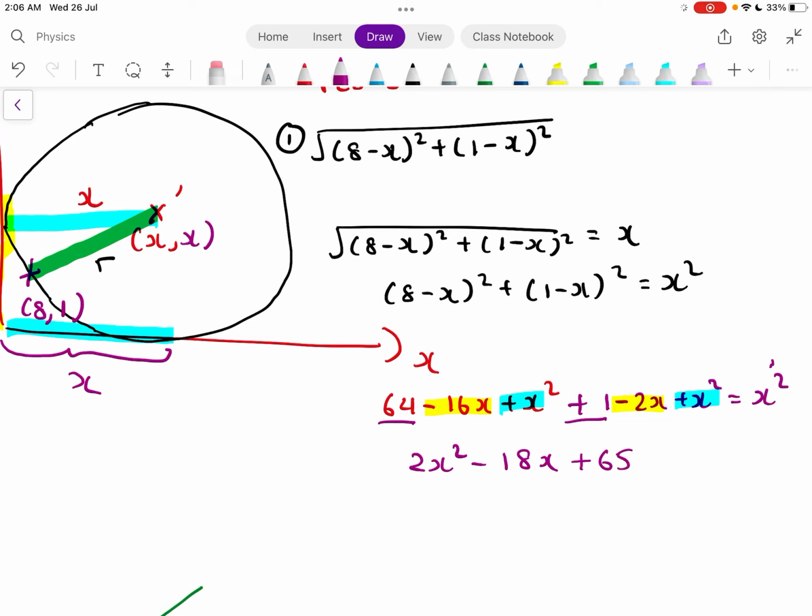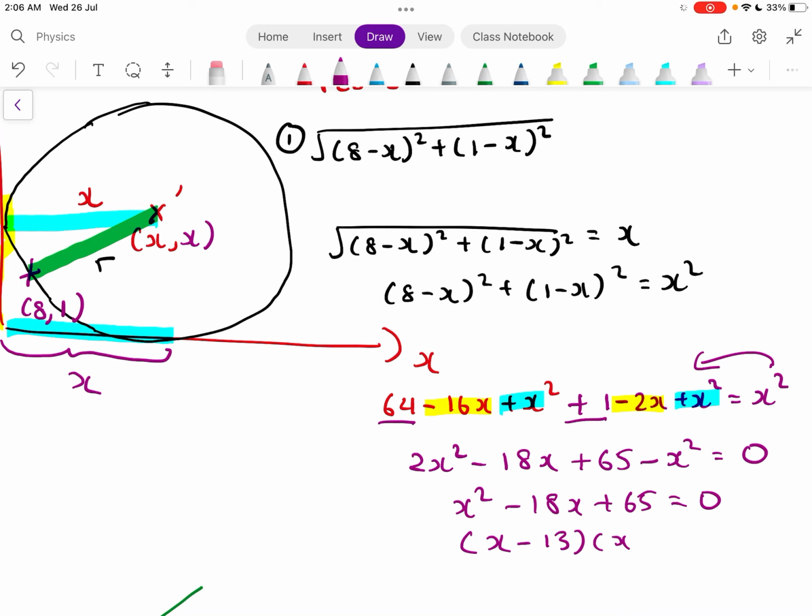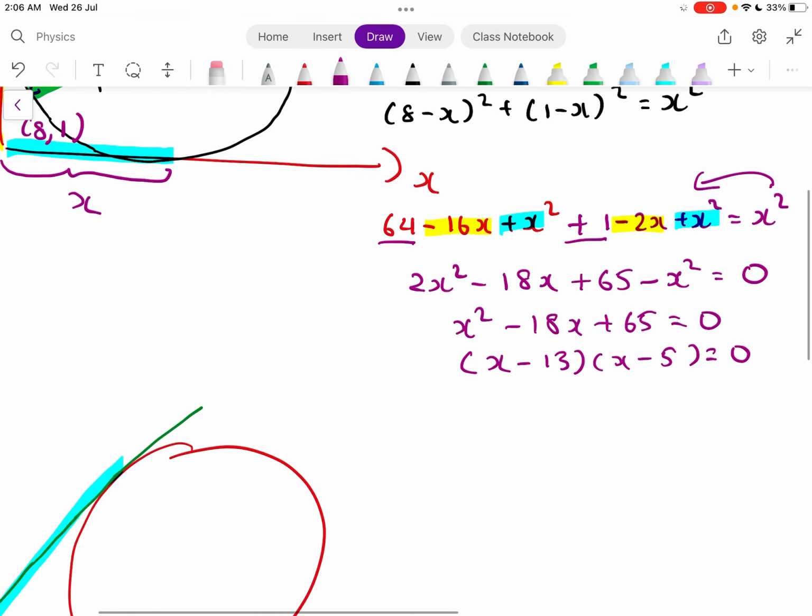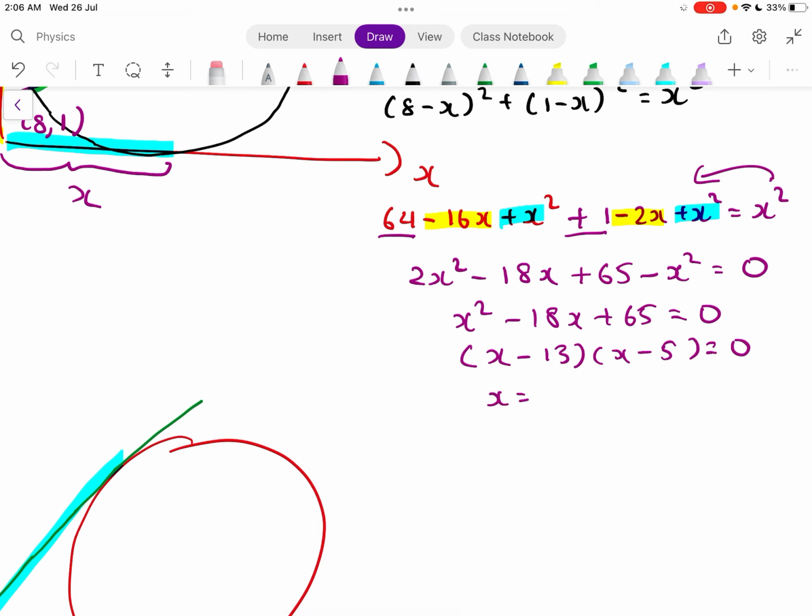Of course, move the x square on the right hand side to the left hand side, minus x square, so this will give you 0. So 2x square minus x square is 1x square, minus 18x plus 65 equals 0. You just need to factorize. If you factorize correctly, it should be (x minus 13)(x minus 5) equals 0. So x is equal to either 13 or positive 5.